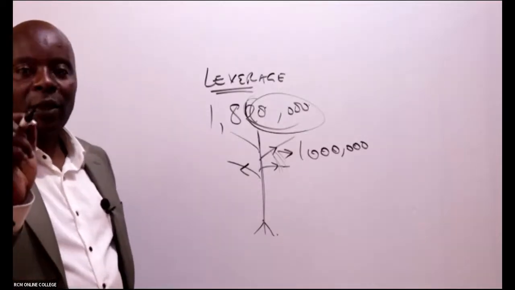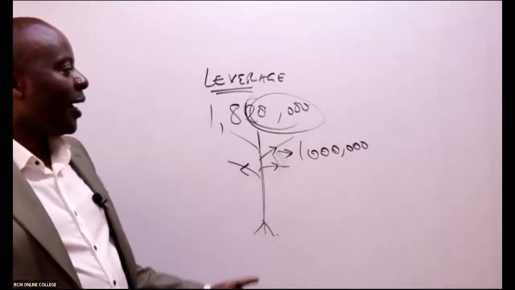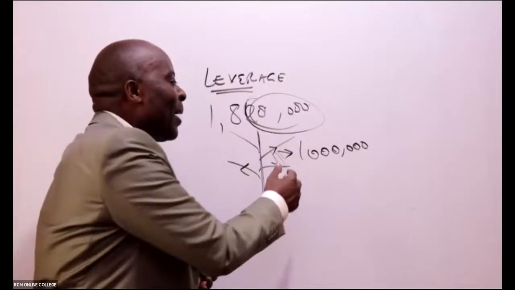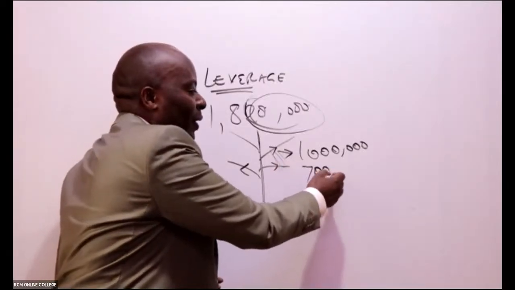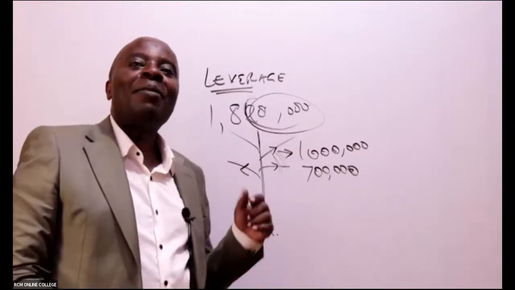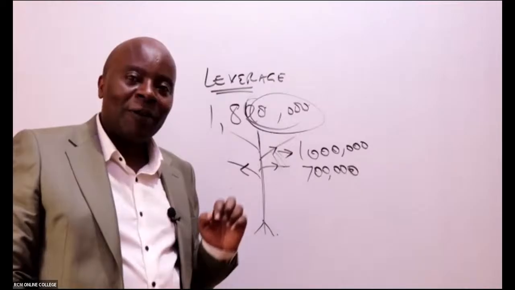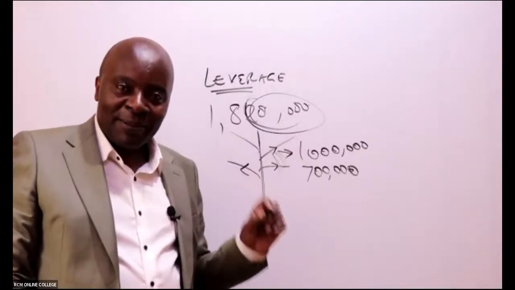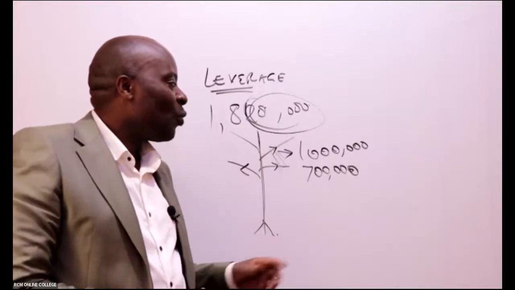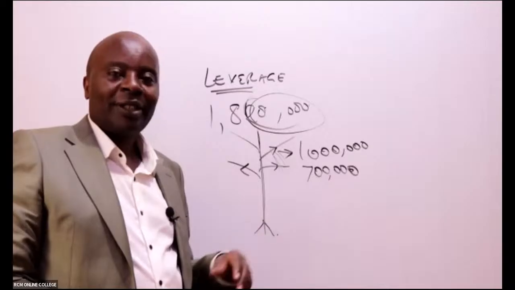There is a discounted commercial paper. Out of the 1 million written on my contract, I will give them much less, for example 700,000. So I've given them 700,000, but upon redemption they give me 1 million. The difference will be my interest on top.